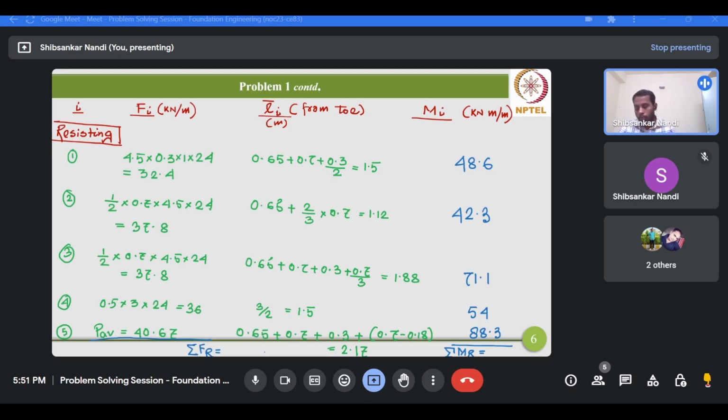So summation of FR would be 32.4 plus 37.8 plus 37.8 plus 40.67.